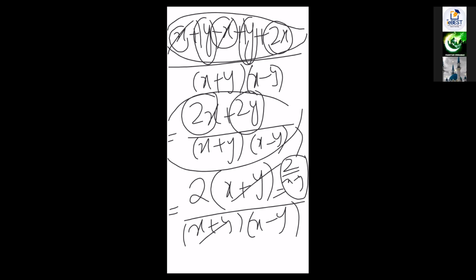Did you understand this now? Yeah. Now these 2 and this 2, what I have done with these is taken one common number, that is 2, outside, and the rest of the thing, which is x plus y, inside the bracket. Yeah, and then I got x plus y, and in the denominator x plus y, they do get cancelled, and the rest of the answer is 2 divided by x minus y. Did you get it? Yeah.